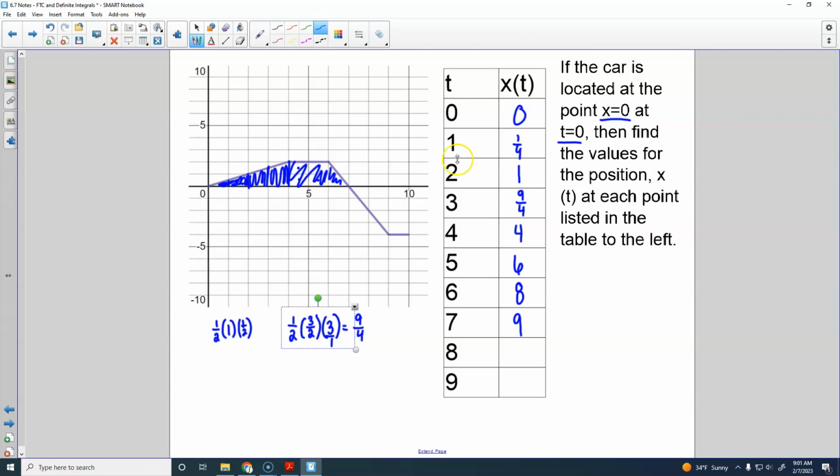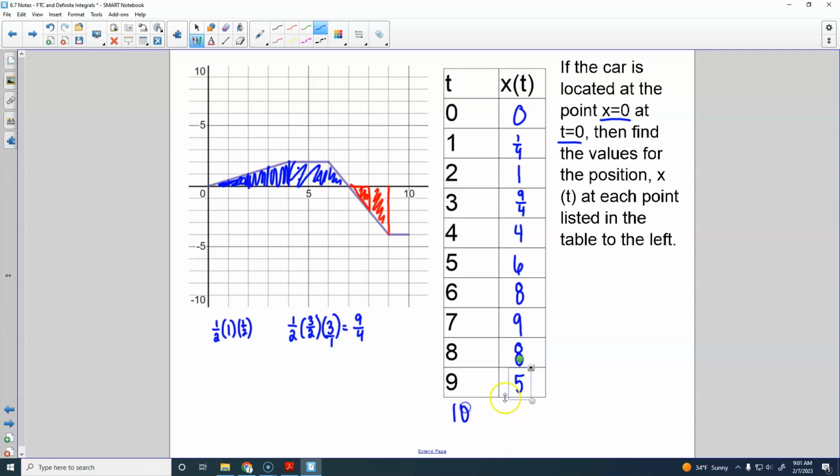Okay, what's going to happen at this point? After 7, what's going to start happening to our position? We're going to take away from it. So this area right here, I'm going to use red because it's negative. It has an area of 1, but it's negative, so that would get us back down to 8. And whenever I add in this section right here, that has an area of 3, so I would subtract 3 more, which would give us 5.